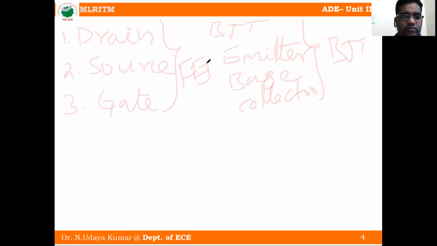FET is more temperature stable as compared to BJT. We see in transistor amplifiers, or BJT amplifiers, there is a disturbance because of temperature. Because of temperature, parameters change. If temperature increases, VBE, beta, ICO change, which means the stability point also changes.